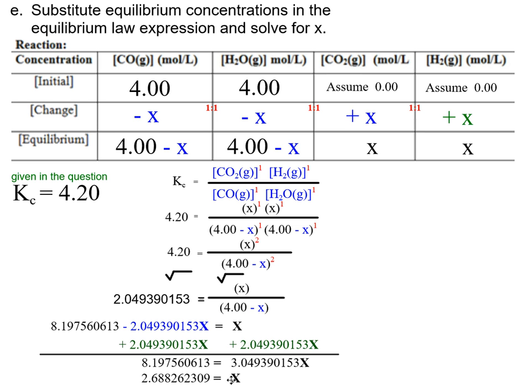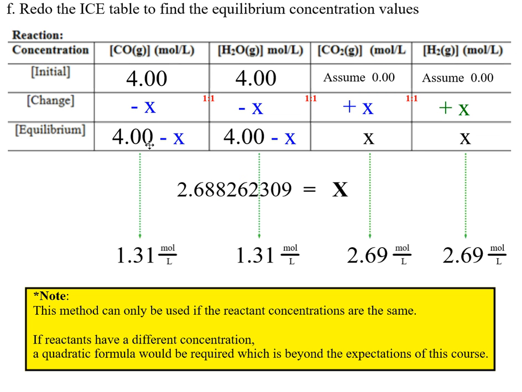So I take this value and plug it into my table, and now I get that my carbon monoxide gas concentration is 1.31, which is the same as my water vapor, my carbon dioxide is 2.69 to proper significant digits, and my hydrogen gas is 2.69, all in moles per liter. Be careful: if it asks for concentration, your answer should be in moles per liter.